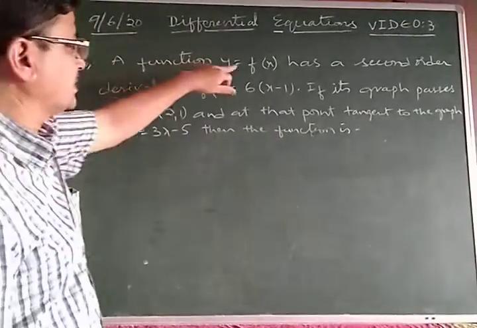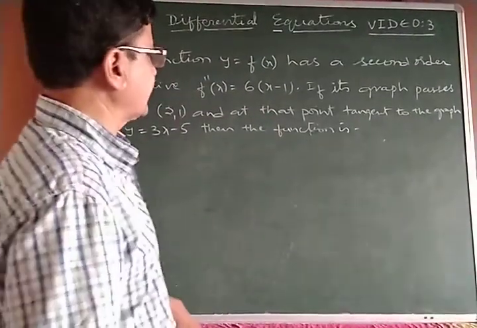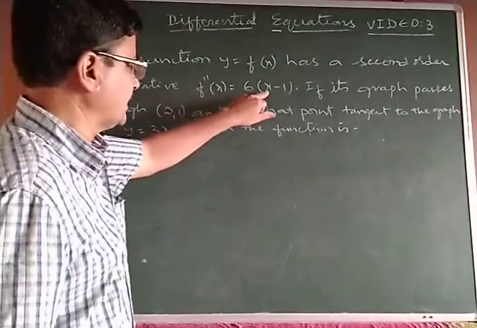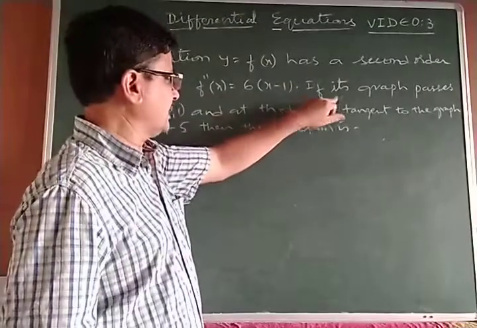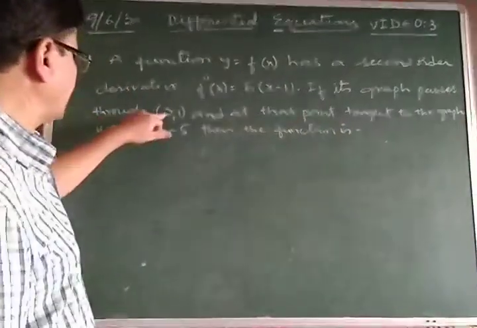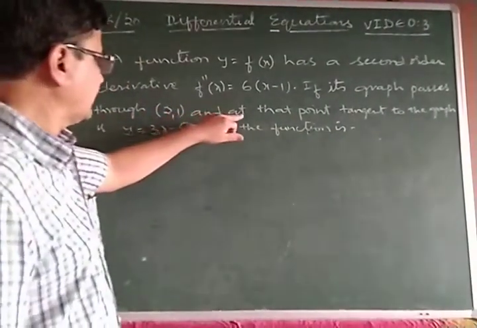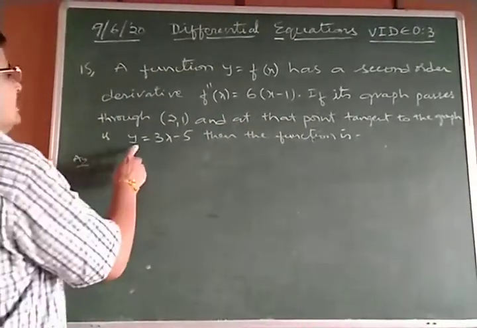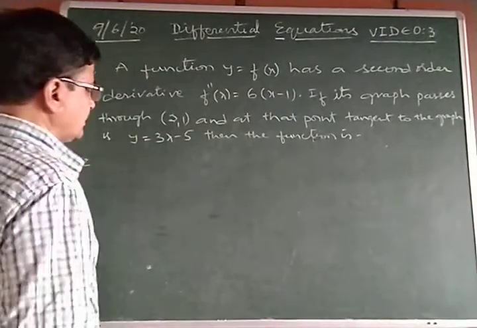A function y is equal to f of x has a second order derivative f double dash x is equal to 6 into (x minus 1). If its graph passes through (2, 1) and at that point the tangent to the graph is y is equal to 3x minus 5, then what is the function?